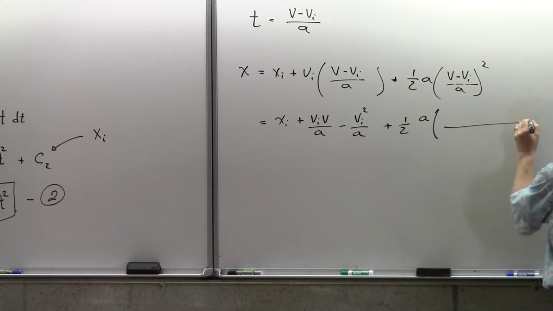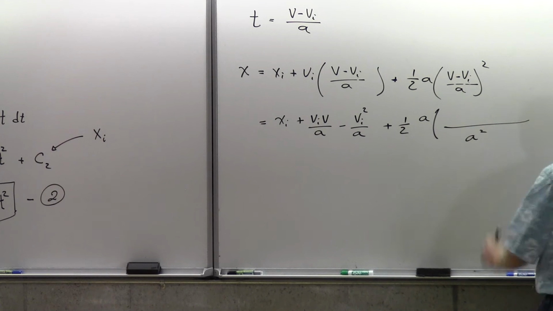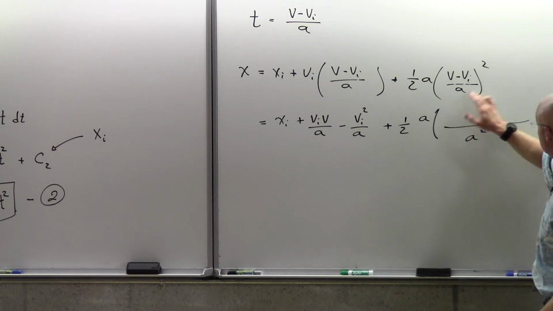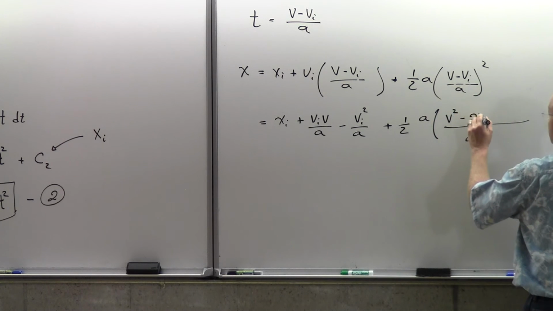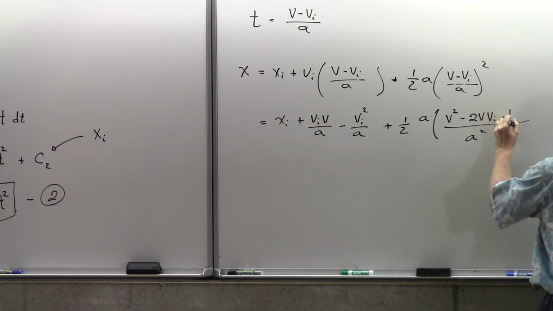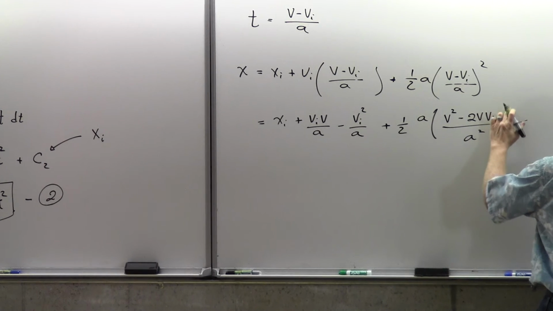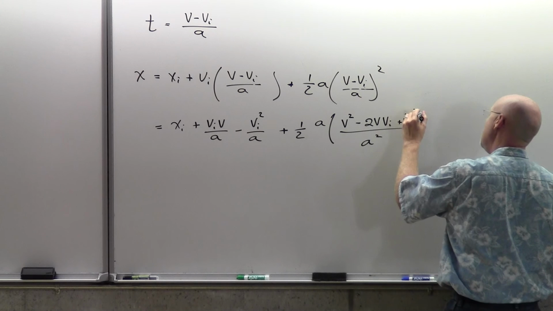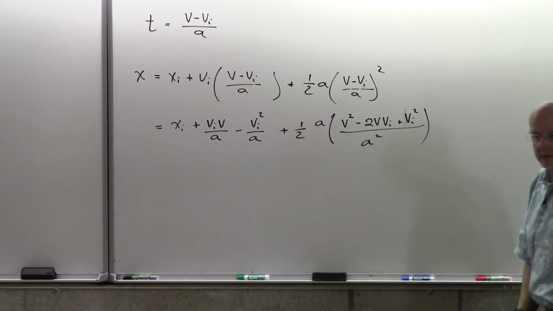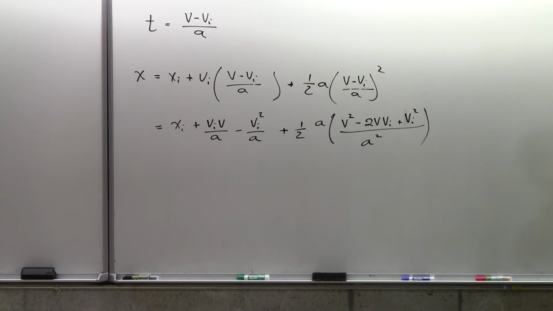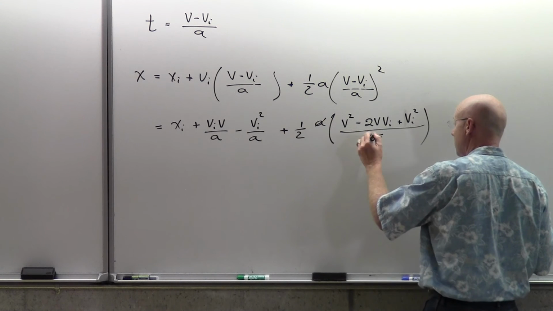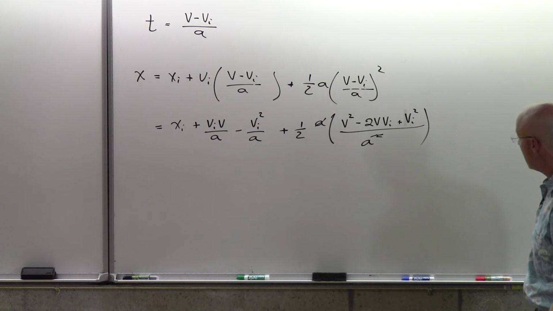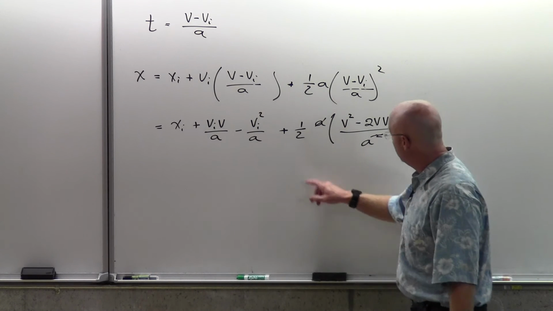So let me write that, and I'll do the denominator first since that's easier, but there's the a squared. But this will be the a squared minus 2ab plus b squared. Right. And of course now if we cancel an a on top and bottom, we could then do the distributive with this 1/2.